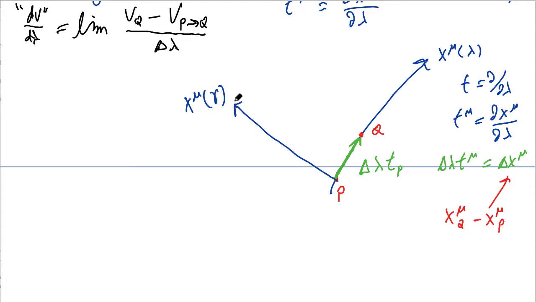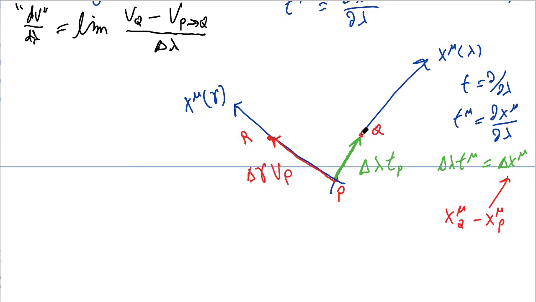So this is a parameterized curve with parameter gamma, and it's defined such that the tangent to this at point P is the vector v at point P. And so I can create then a displacement vector from point P to some point, let's call it point R, which is the vector delta gamma times v at point P.